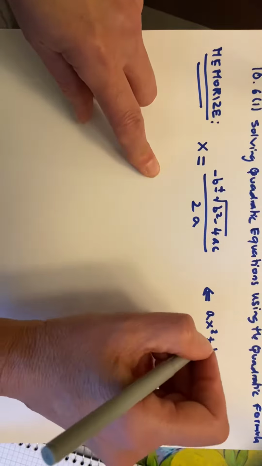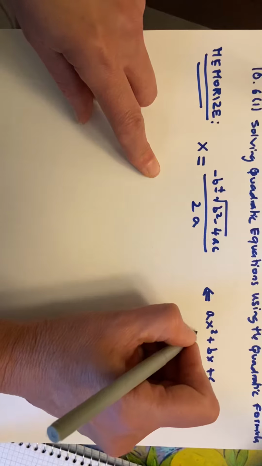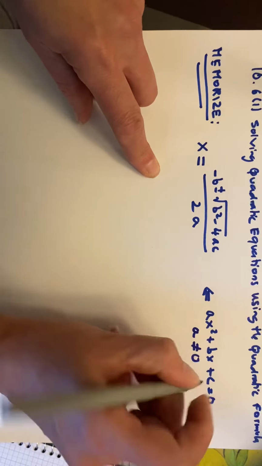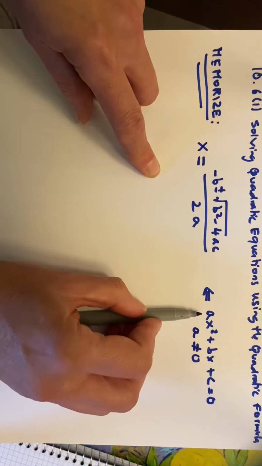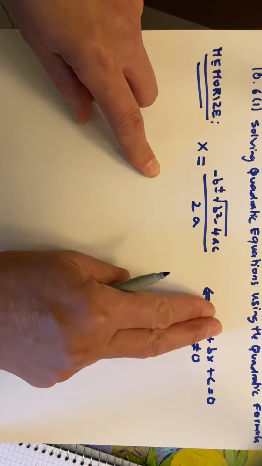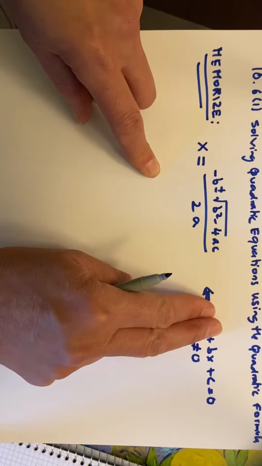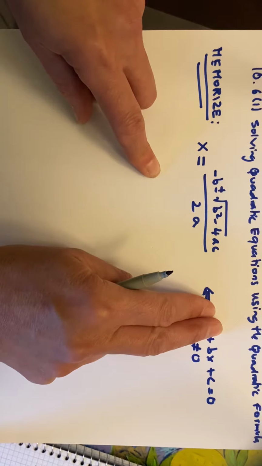Now, the only things that you need to remember are that, of course, a can't be 0, because if I put in a 0 here, this whole thing goes away and I no longer have a quadratic equation anyway, because a quadratic means there's an x squared term.